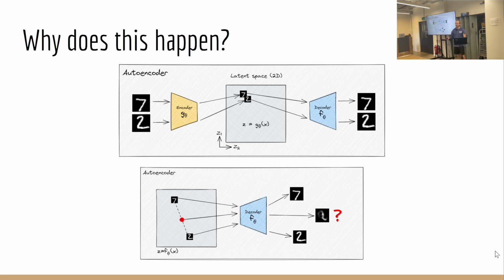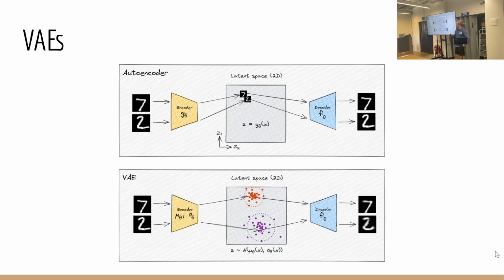So to tweak this, we construct what's called a variational autoencoder. Autoencoders try to learn mappings to latent space. Variational autoencoders learn distributions in latent space. So here's the fix. When we feed in, again we'll stick with MNIST, when we feed in numbers, the model learns a distribution in latent space of where 7s live, and a distribution in latent space of where 2s live.